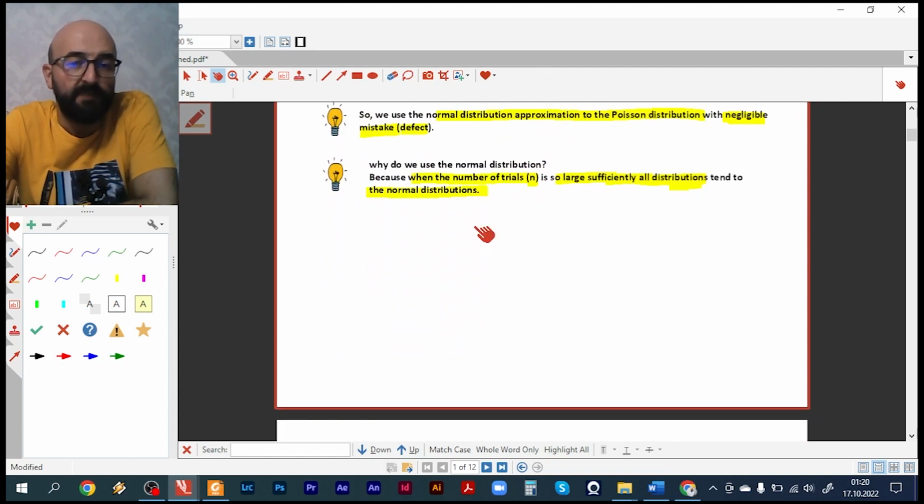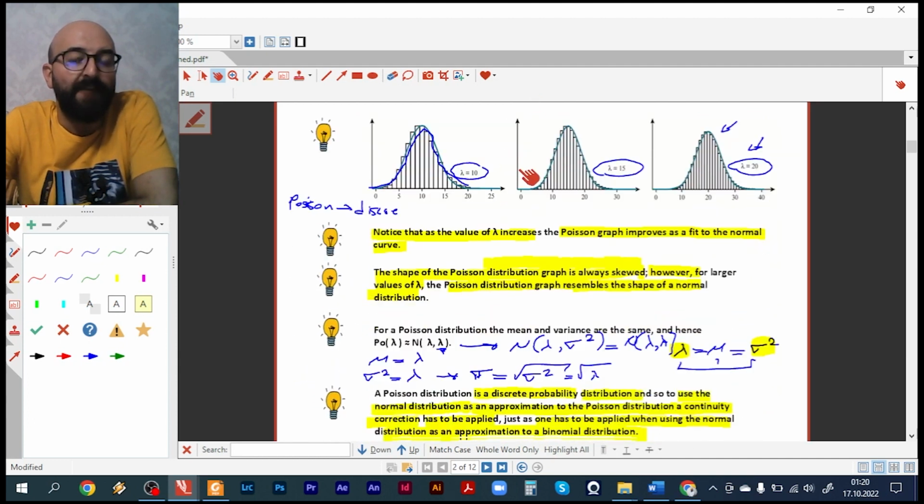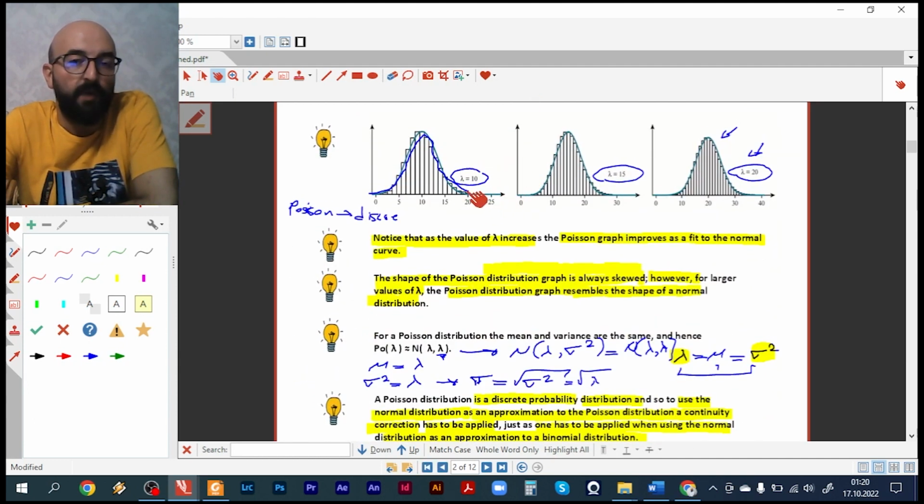For example, if your lambda, the mean, the average, is small, your curve is skewed. But when your lambda value increases, your curve tends toward the normal distribution curve.